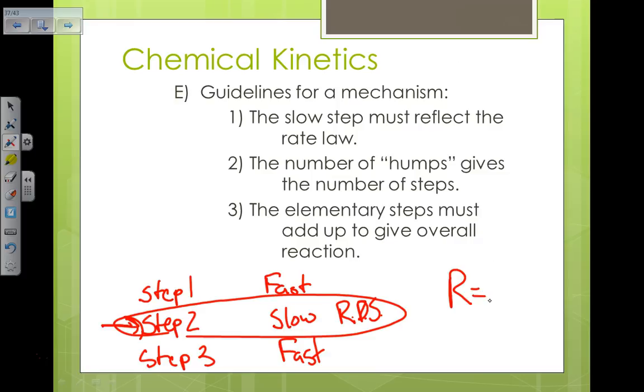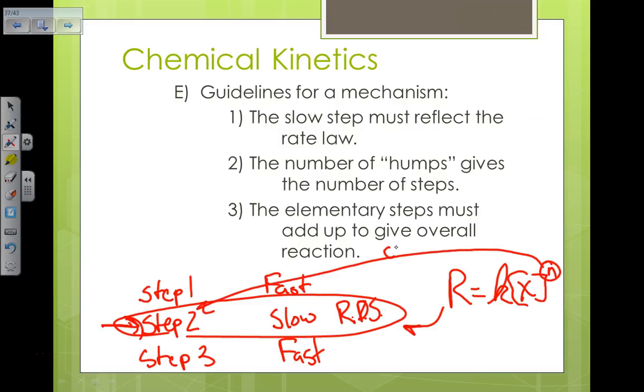So in this case, the rate law has to reflect whatever the stoichiometry is of this elementary step. And so it's going to be to some value n, and n in this case now can be the coefficients. That's how coefficients play a role in determining what the rate law is or what the mechanism is.